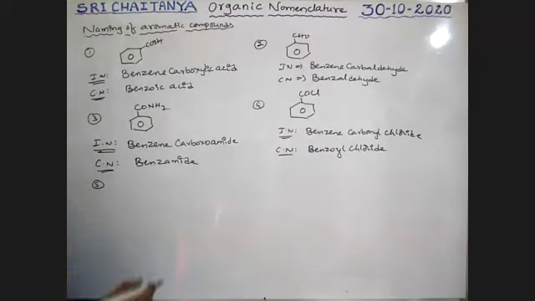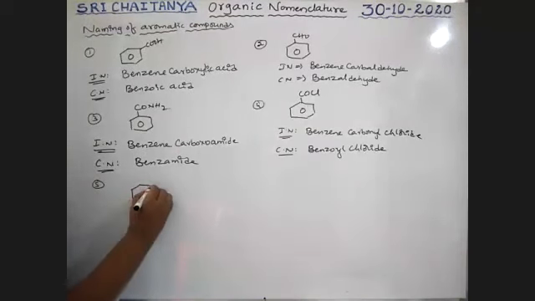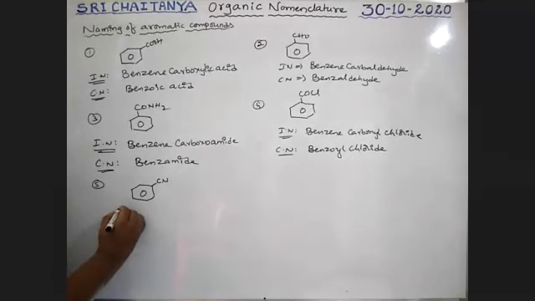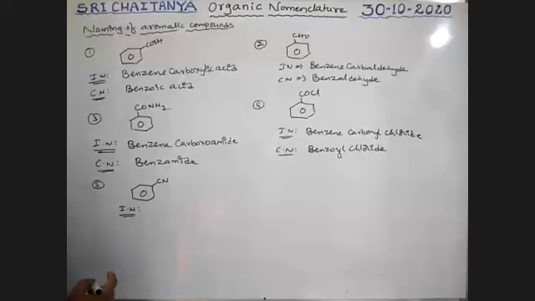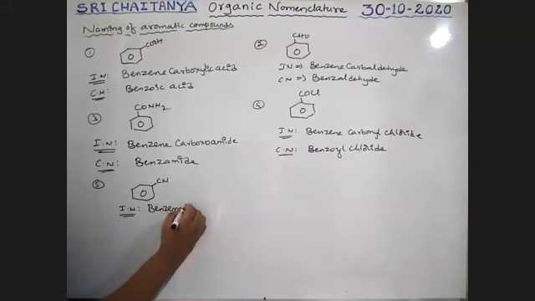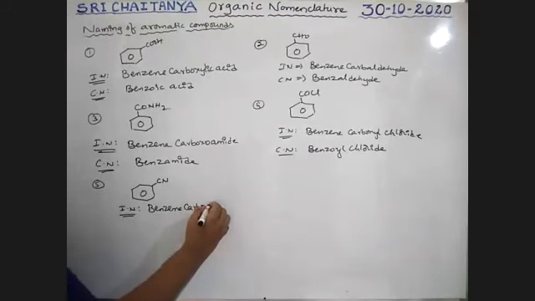Next, fifth one. Please keep in mind, all these are important. When benzene is connected with CN, the cyanide group, so it is carbon, nitrogen, carbonitrile. IUPAC name is benzene carbonitrile.